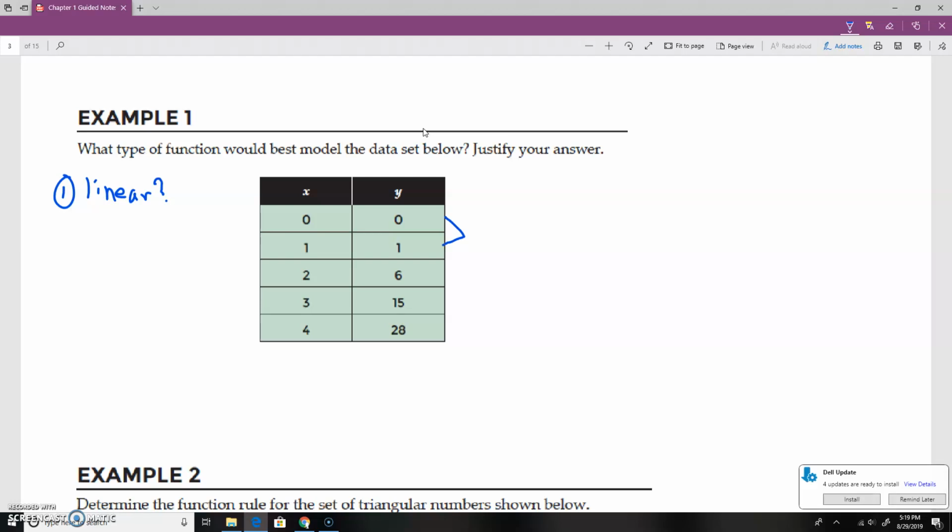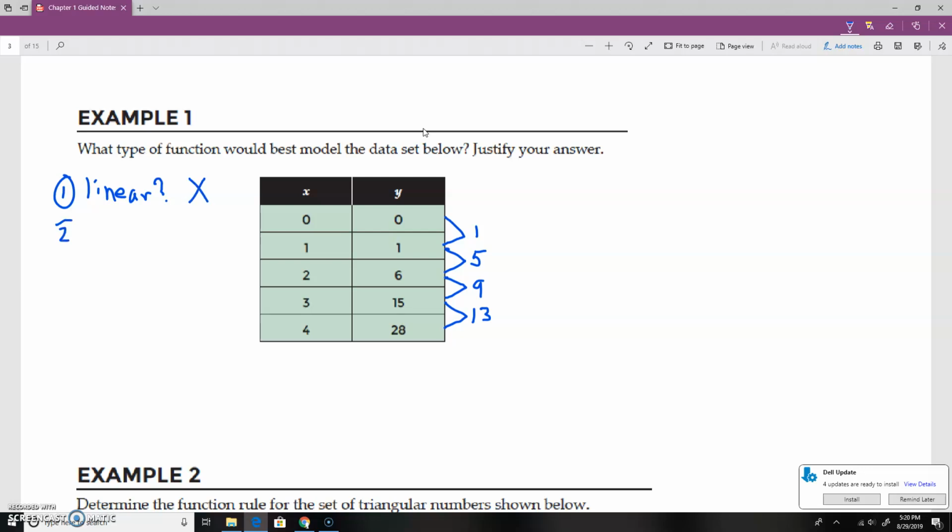We take the difference between each of these and see if they're the same. If they're the same, then it's linear. So we do 1 minus 0 is 1, 6 minus 1 is 5, 15 minus 6 is 9, and 28 minus 15 is 13. As you see, these are not the same, so it is not linear.